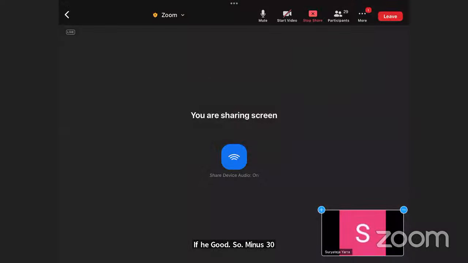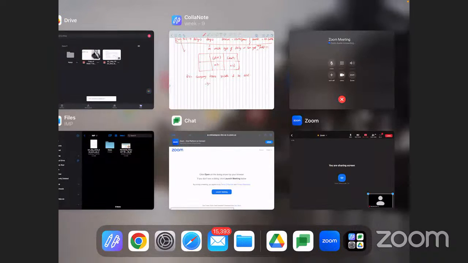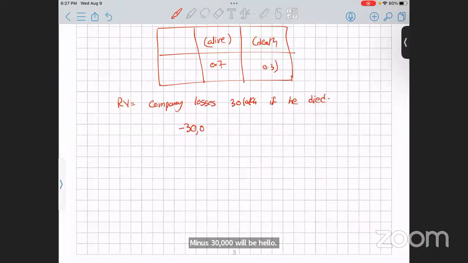So minus 30 lakhs will be one random variable. Hello, are you able to see my screen? Yes, sir. Agree?